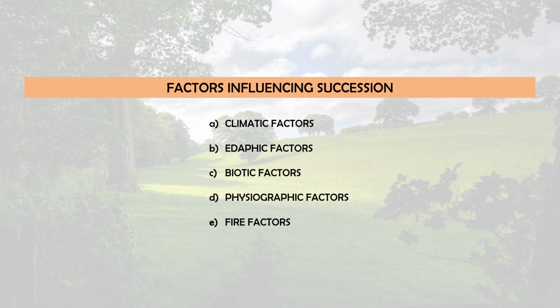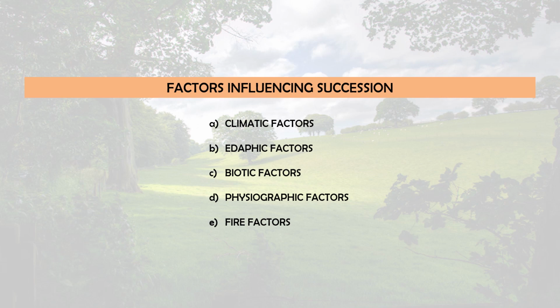Now, there are also some factors that influence succession. The development of vegetation in an ecosystem or habitat is affected by climatic factors, edaphic factors, biotic factors, physiographic factors, or fire factors.